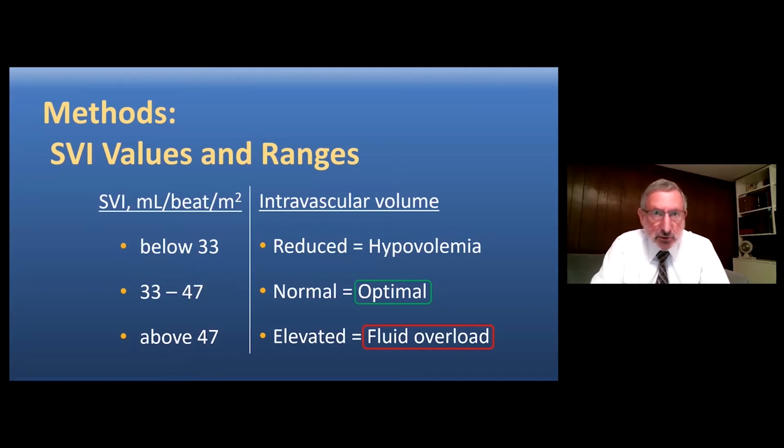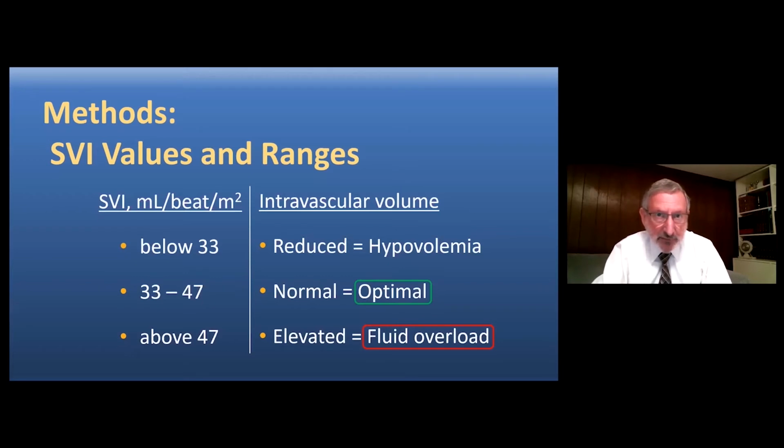Now I'll joke that I'm a white-haired guy, so I have trouble remembering 33 and 47. How about 30 and 50? Our nurses use 30 and 50 with no problem in differentiating. Below 30 is a low SVI and above 50 is a high SVI. And between 30 and 50, we look at the patient and see if everything correlates.